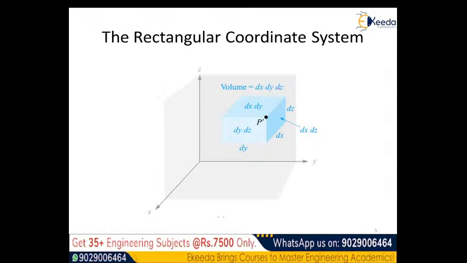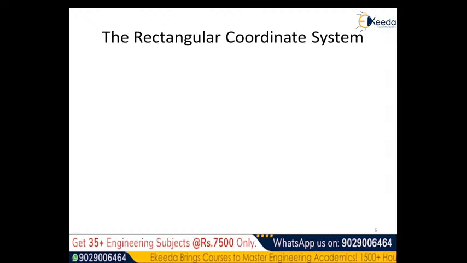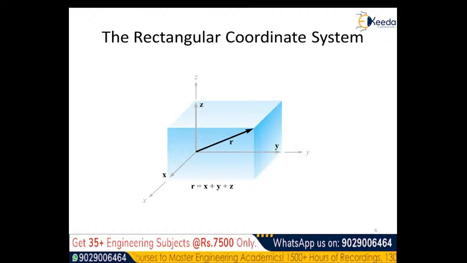Now moving further, the simplest representation of a vector in three-dimensional space using the rectangular coordinate system is done like this. So this is the vector. Simply we use a line segment. The ending point of the line segment we provide with the help of the arrowhead.